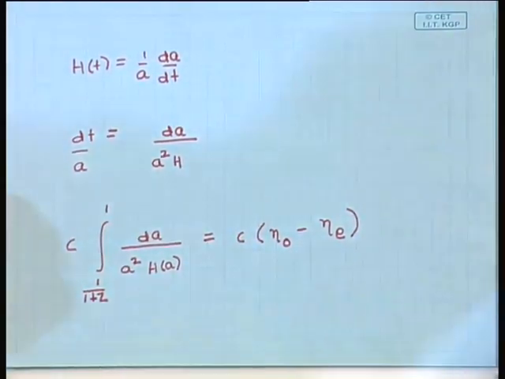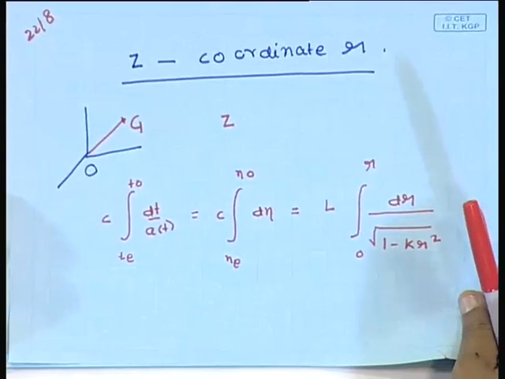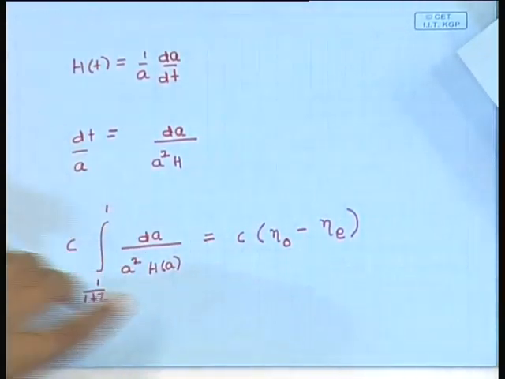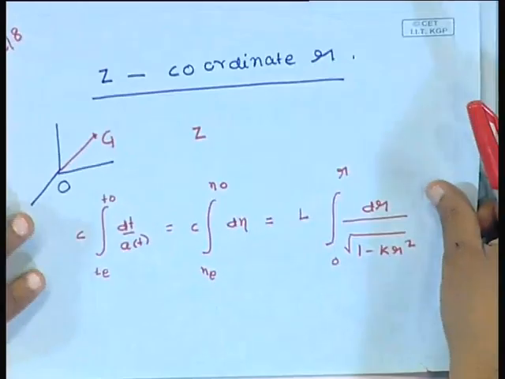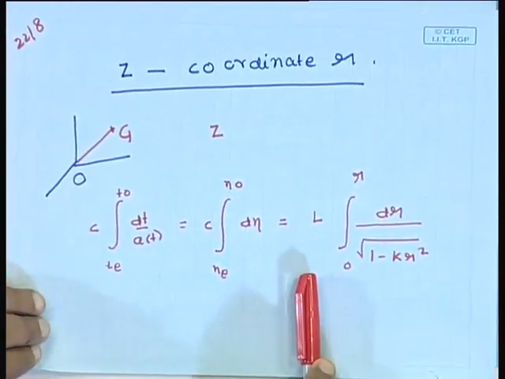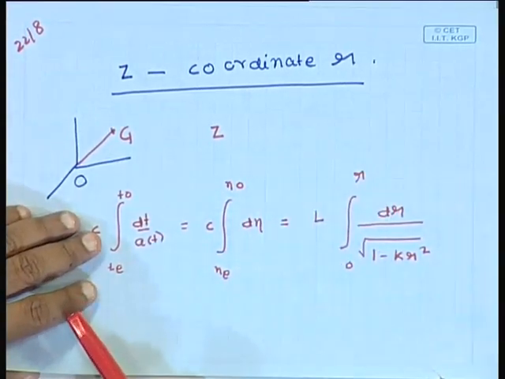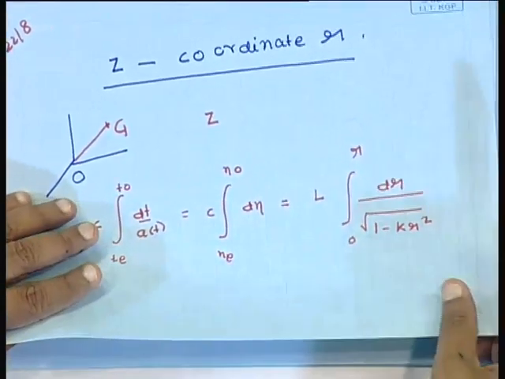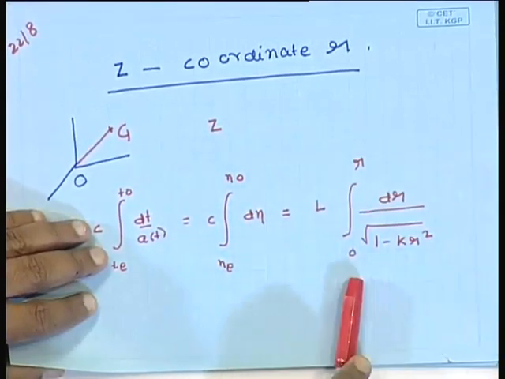Now, we can use this expression to also determine, okay, let us not go into that. Now, we would like to determine the coordinate r corresponding to that galaxy. To do that, we have to equate it to this.